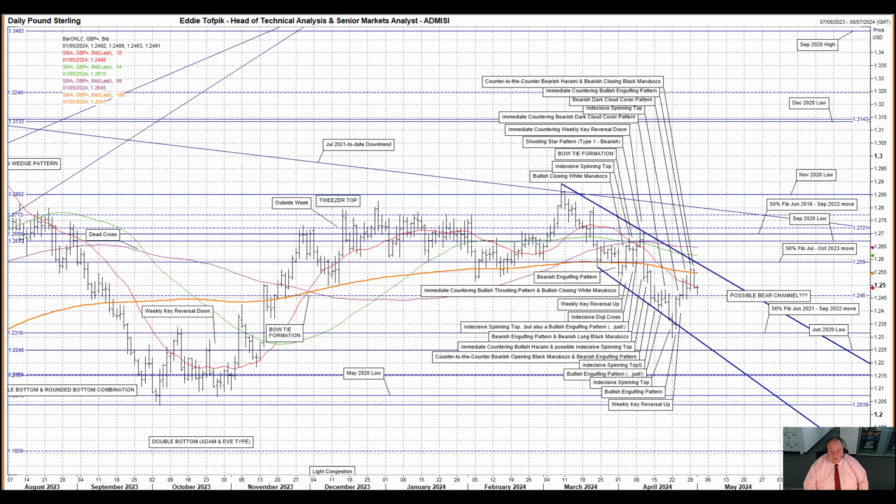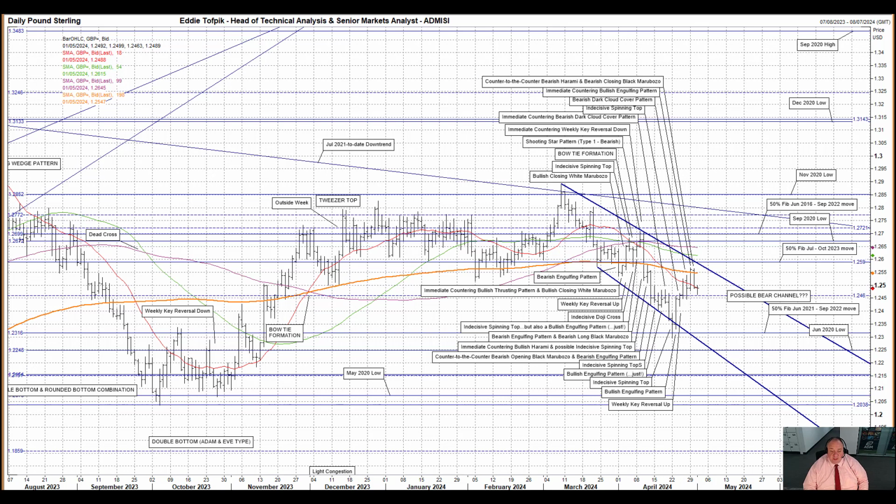Not far above the long moving average is the 50% Fibonacci line of the July to October 2023 move at 125.90, being crossed by the newly drawn dark blue highlighted March to date upper bear channel line, currently 125.86. And that's of a possible bear channel, currently 122.91 to 125.86.